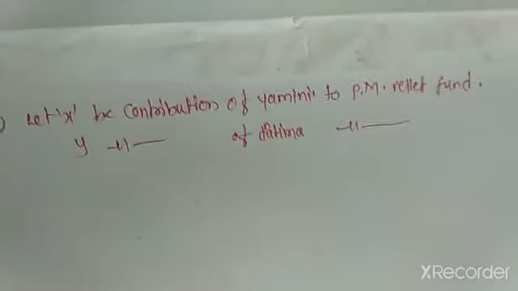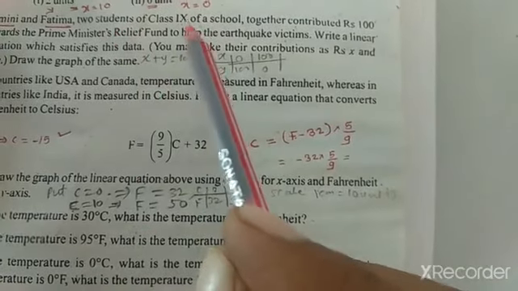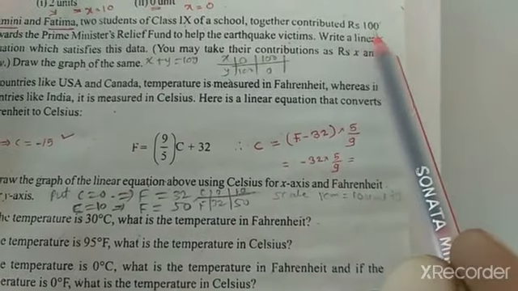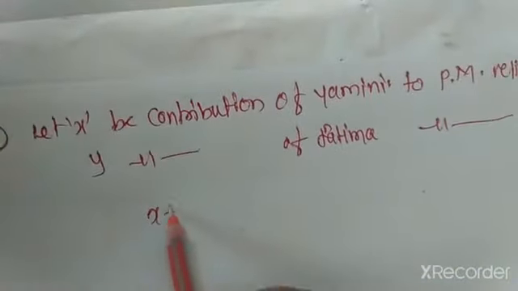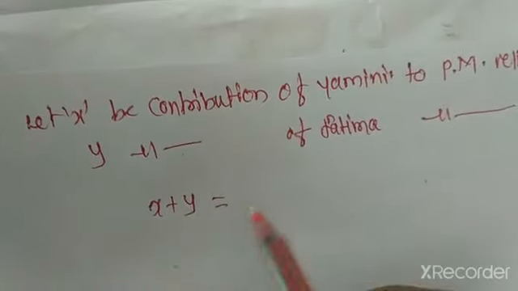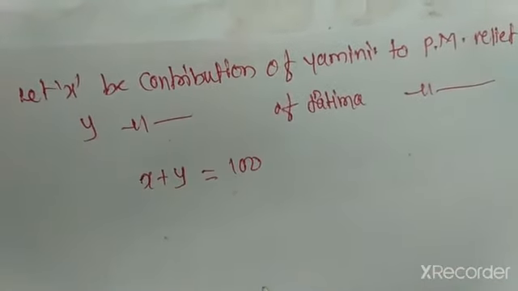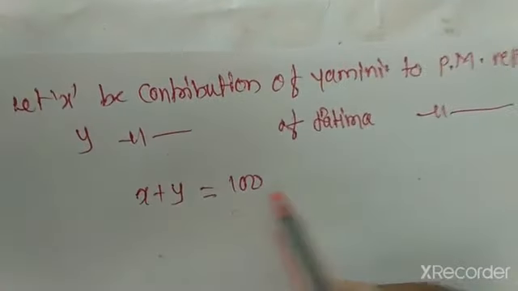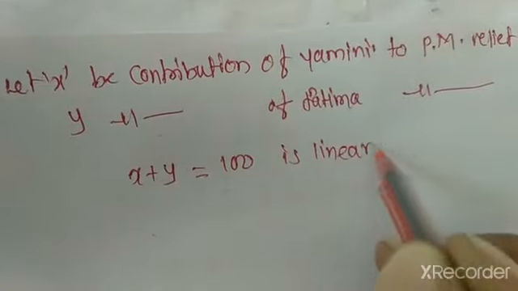Now they together contributed rupees 100 toward the Prime Minister Relief Fund. That means x plus y, together means x plus y, is equal to 100. So our linear equation in 2 variables is x plus y is equal to 100.